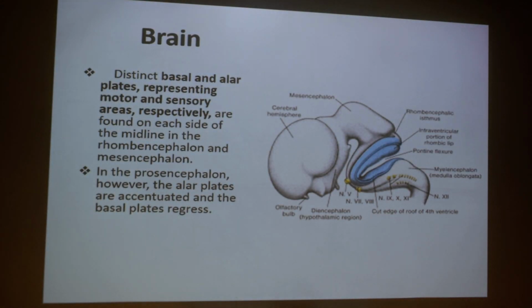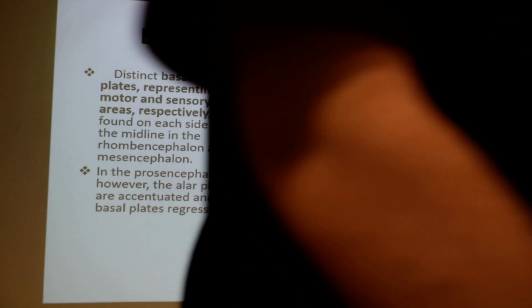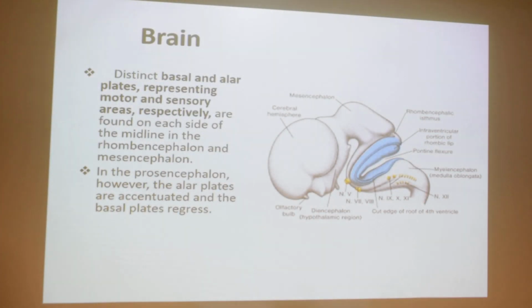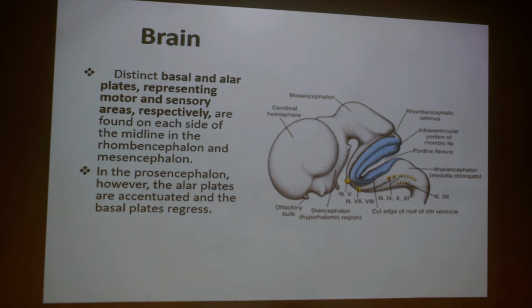So you would still see the basal and alar plates in the rhombencephalon and mesencephalon, while in the prosencephalon, the alar plates would be bigger in size and the basal plates will disappear. The important thing to understand is that you still find the basal and alar plates in the rhombencephalon and mesencephalon, but there are no basal plates in the prosencephalon. Only the alar plates would be there.